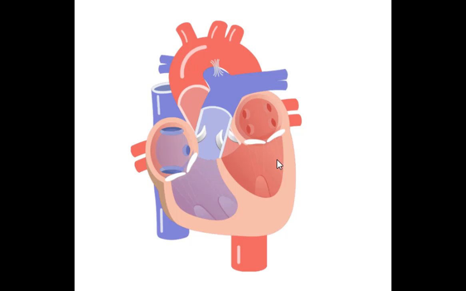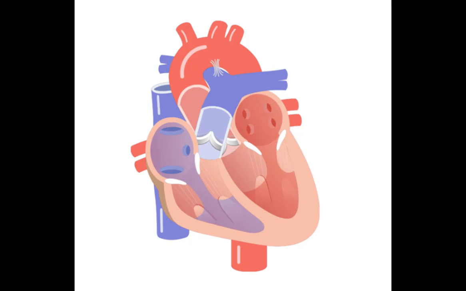So during ventricular systole, ventricular pressure is greater than atrial pressure, so the AV valves shut. As well as that, ventricular pressure is greater than the pressure in the arteries, so the semilunar valves are open. Now, once it's finished, the heart goes back into diastole.